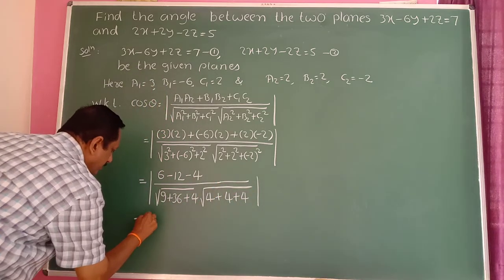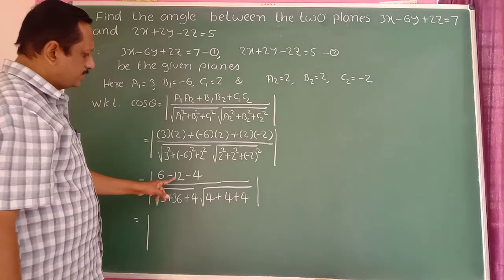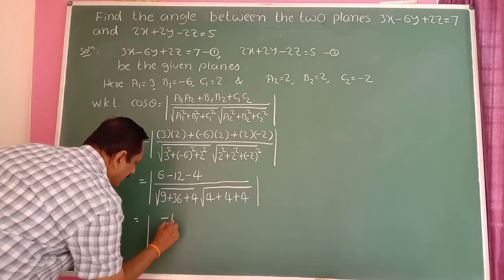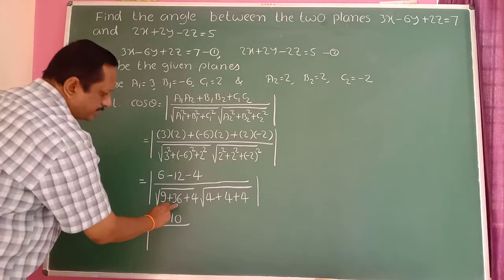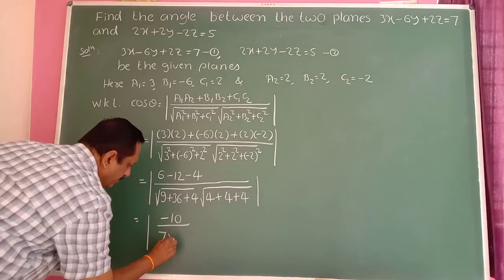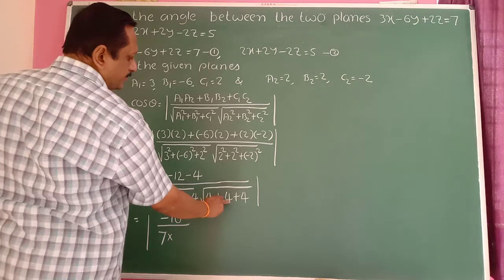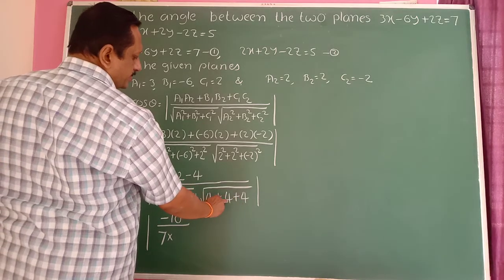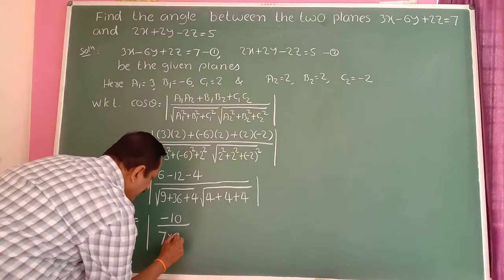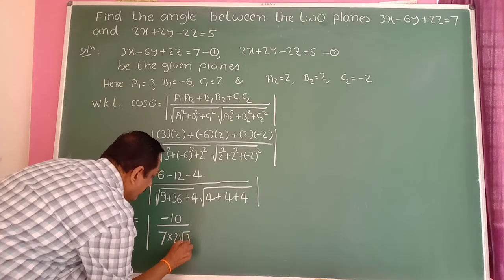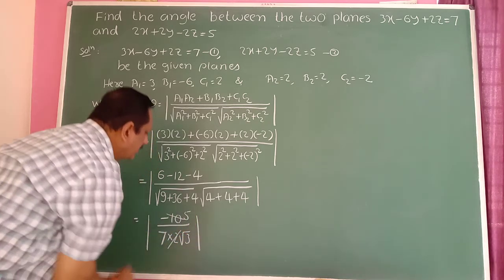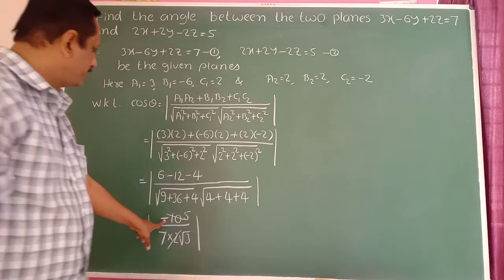Therefore, this equal to modulus of minus 12 minus 4, minus 10 here, divided by 36 plus 4, 40 plus 9, 49, square root of 49 is 7 here, into 4 plus 4 is 8, 8 plus 4 is 12 here. Square root of 12 means 2 root 3 here. Then 2 1s are 2, 5s cancel here. Modulus sign is there, so minus becomes a plus here.